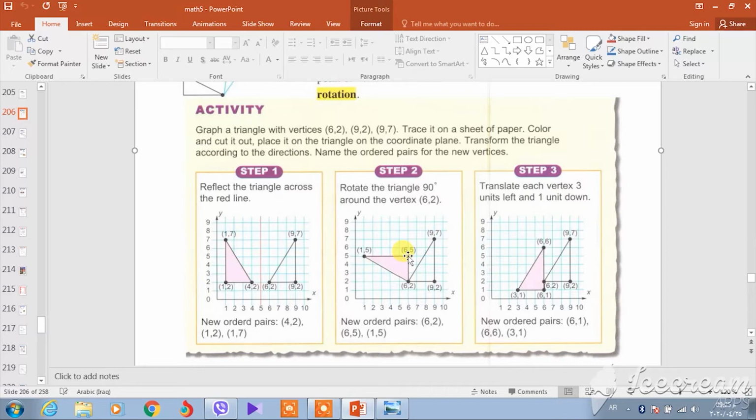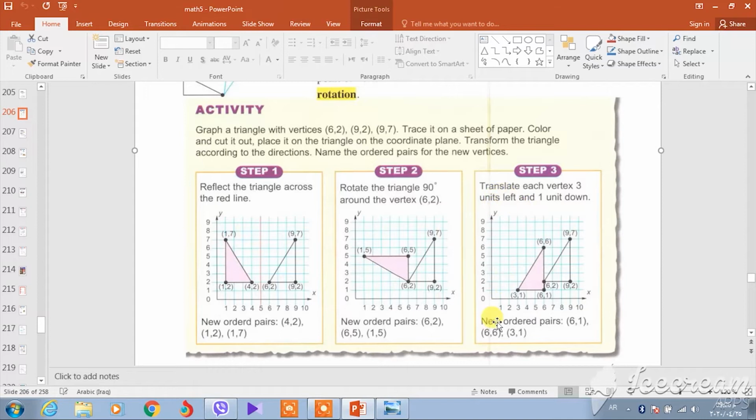So we have (6, 5). After that we have (1, 5): 1 in the x-axis and 5 in the y-axis. If we look, we have the same triangle, the same size and shape, but what is the type of transformation? This is rotation: rotating or turning a figure around one point or one vertex.